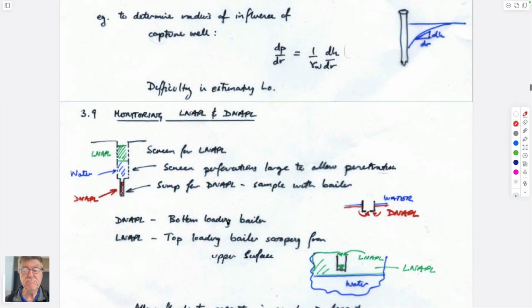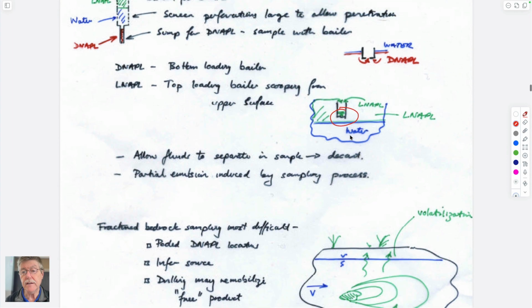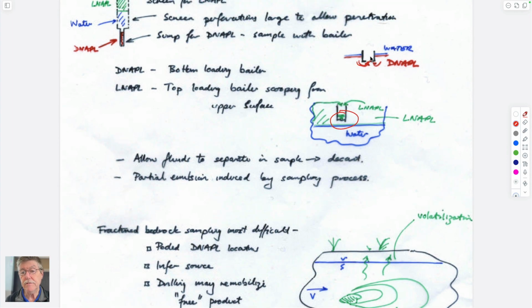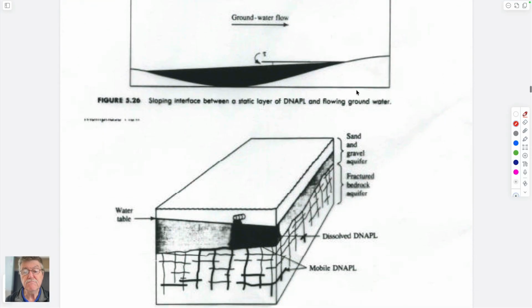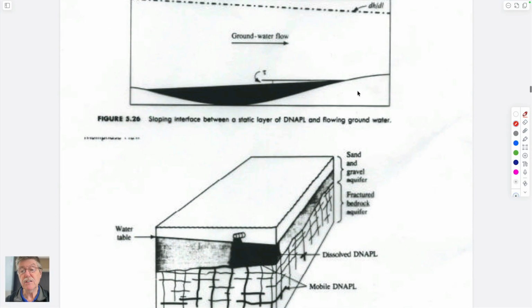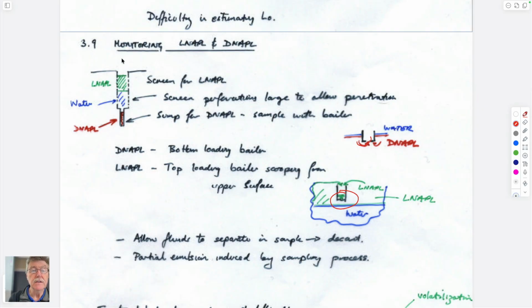And one final point, making the point about the bottom entry bailers, if you want to get access you have to have the NAPL coming through the bottom. So if you're sampling, you might want to sample it using a bailer, depending on whether you have stuff floating on top of the water in the well or sinking down to the base of the well.